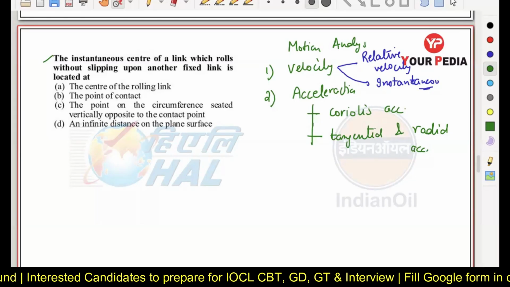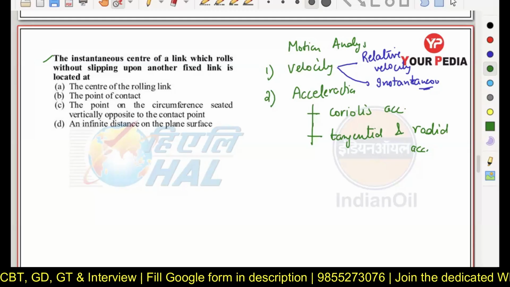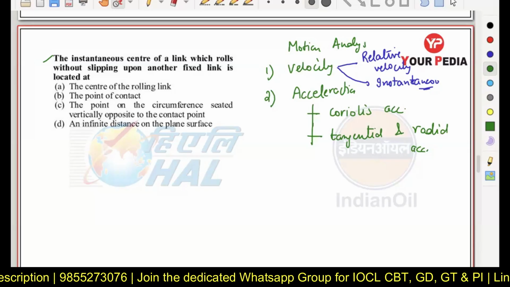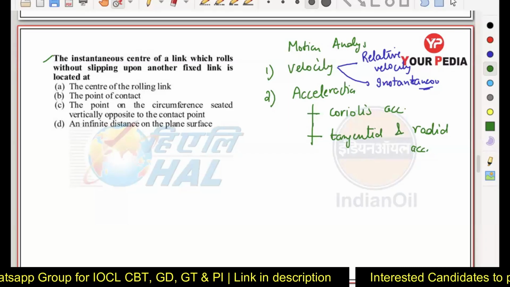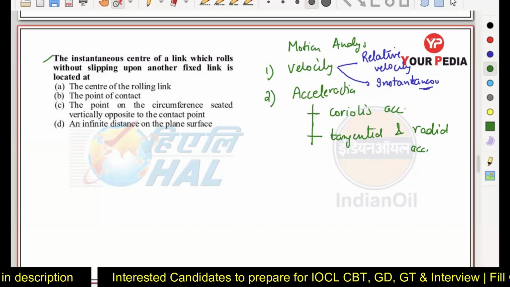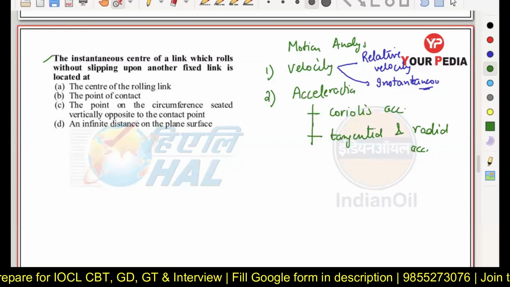In the case of instantaneous center method, first of all, you have to remember that whenever a mechanism is running, it may have a pure translation motion, it may have a pure rotation motion. Along with that, it may have a general motion. Generally the pure translation and the pure rotation are very simple to analyze, but the general motion is very difficult to analyze.